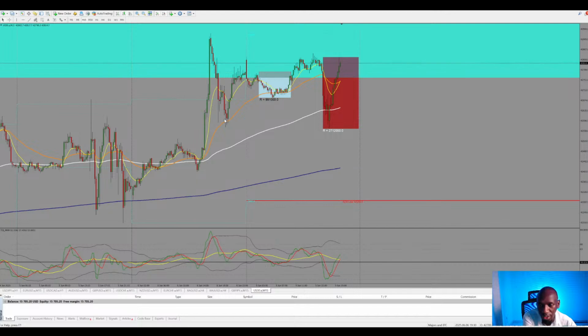And when it takes out this low, that would mean that there's potentially a break in structure, and then we would expect that price would go back in this direction and retest the zone from which it came before it broke the previous higher low and formed a new lower high. Sorry, not lower high, but a lower low.